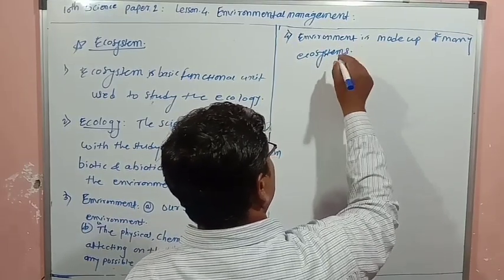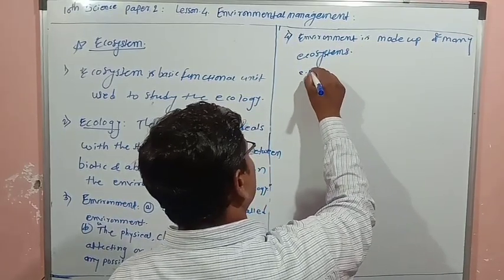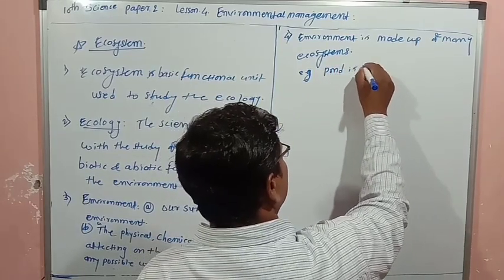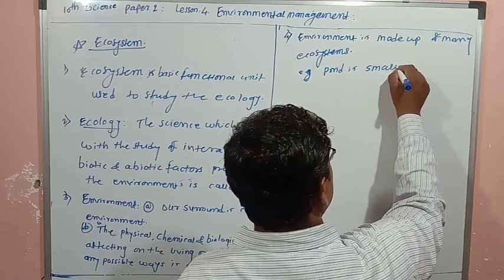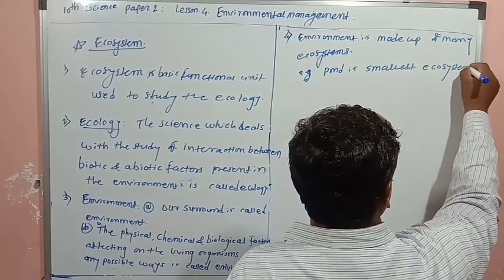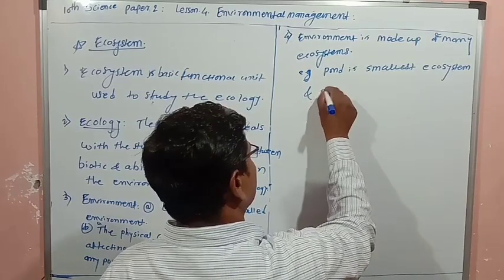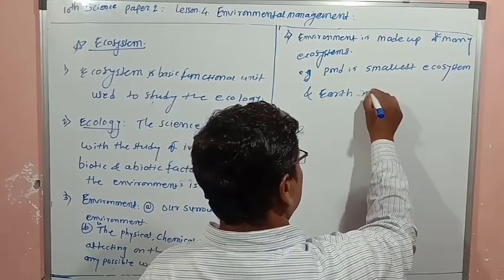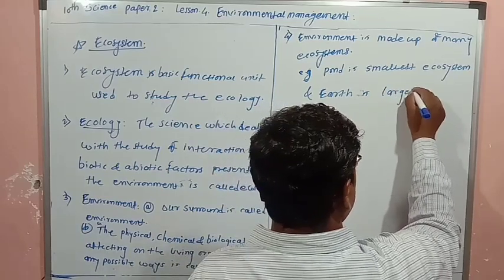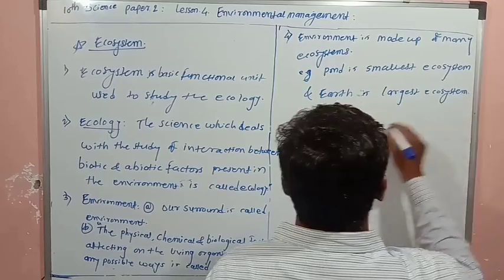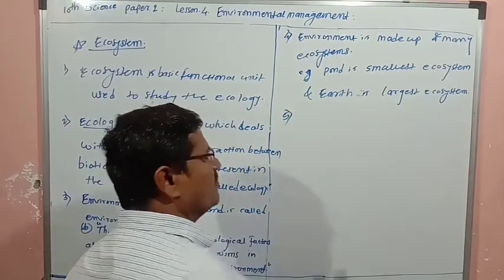For example, a pond is the smallest ecosystem, and earth is the largest ecosystem.